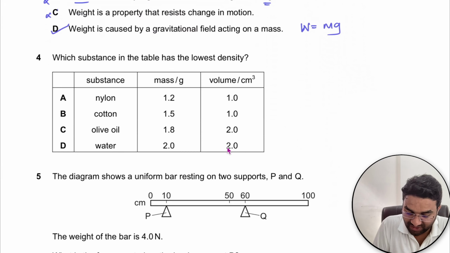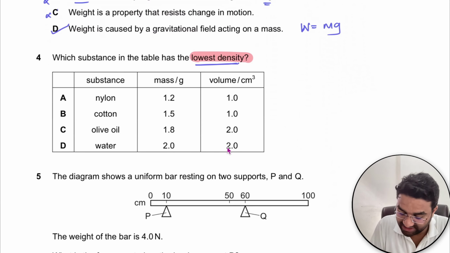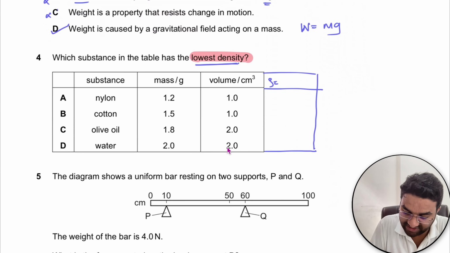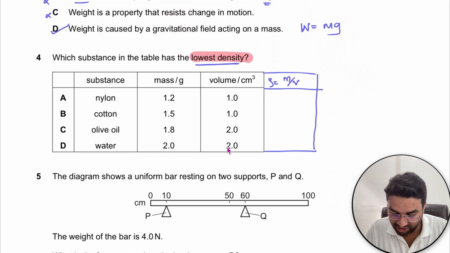Then, which substance in the table has the lowest density? We have to calculate or show it here, isn't it? To calculate the density, we make another column which represents the density. Rho is equal to mass by volume, and in each and every case you have to calculate the mass by volume.